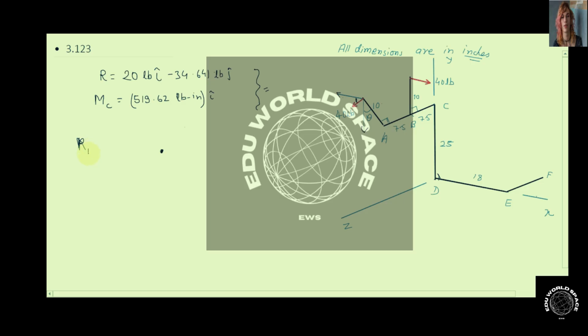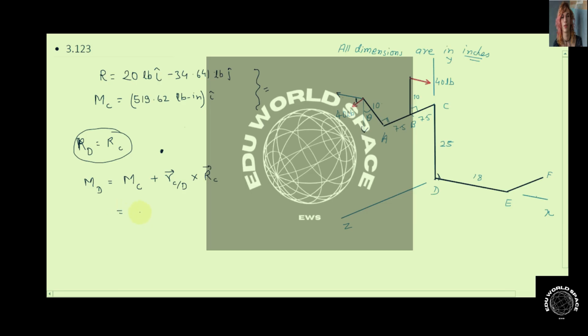The reaction at point D will be the same as the reaction at point C, so there is going to be no change in reaction. The only change will be the moment about point D. So moment about point D will be moment at point C plus the position vector of point C with respect to D multiplied by, obviously all these are vector products, the reaction present at point C.